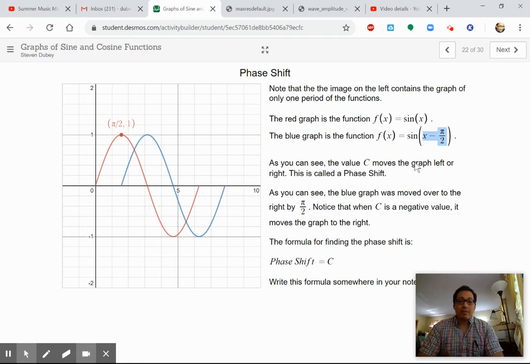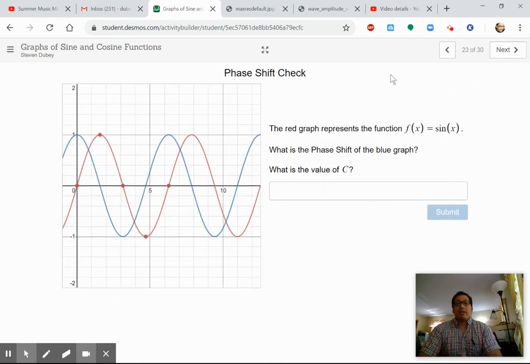So the phase shift is equal to whatever the value of c is. Like c here is not minus pi over 2, because it's normally x minus c, so the phase shift here was pi over 2. The blue graph has been shifted that much to the right. And that's another formula you might want to write down for later.